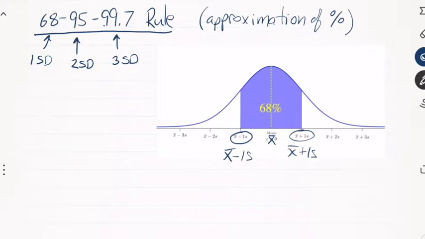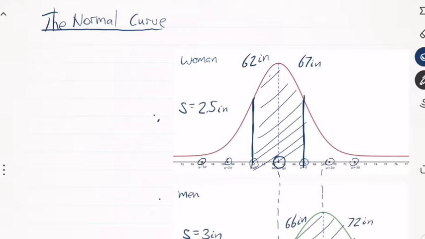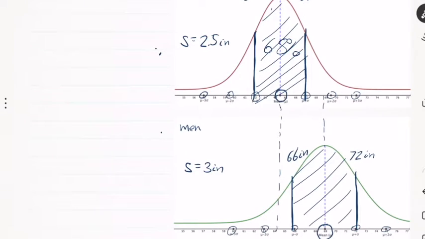So if we go back to the women and men, we find that 68% of the time you will find a female between 62 inches, which is 5'2", and 67 inches, 5'7". That 68% of the population is between that.